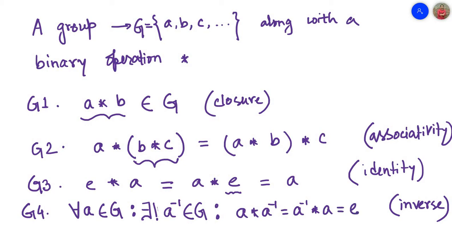So there we have it. This is the definition of the group. A group is a set of objects along with a binary operation that follows these four axioms, namely the closure axiom, the associativity of the binary operation, the existence of identity elements, and for each member of the group, the existence of an inverse element. And this will give us the definition of group.